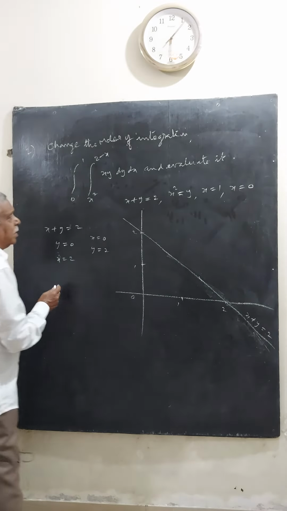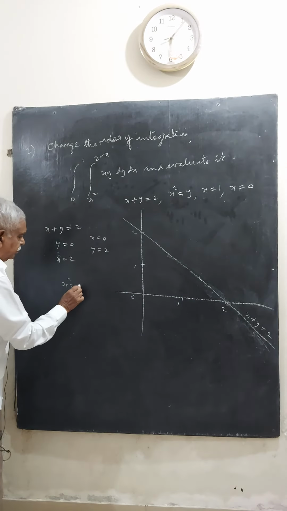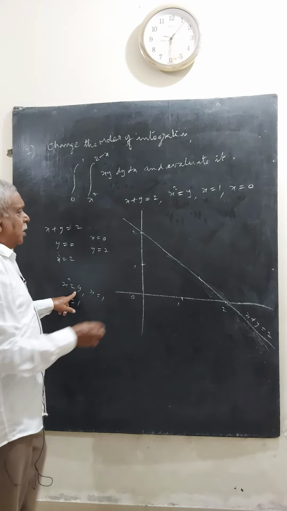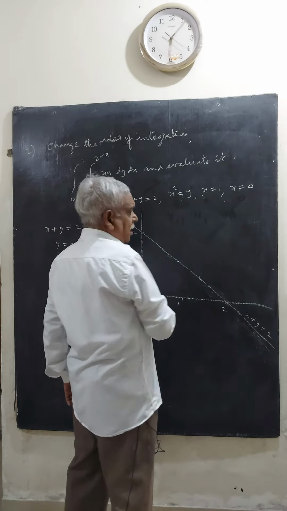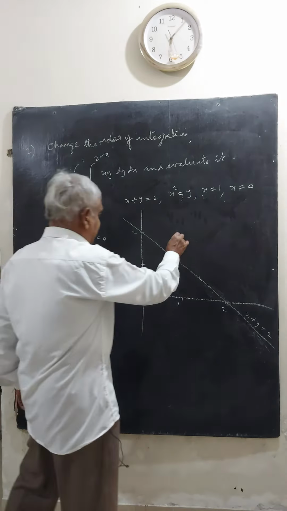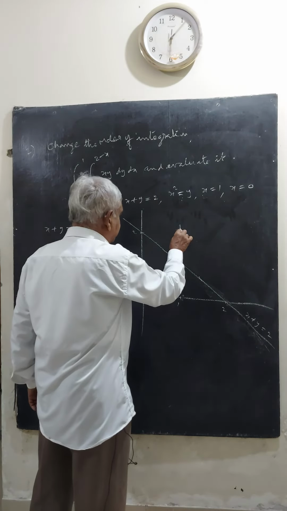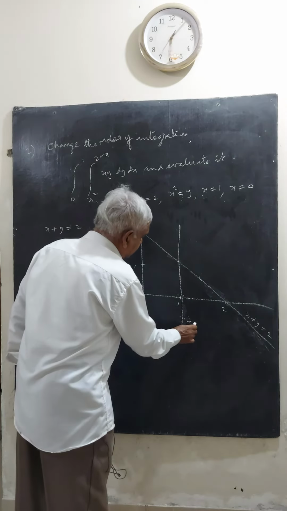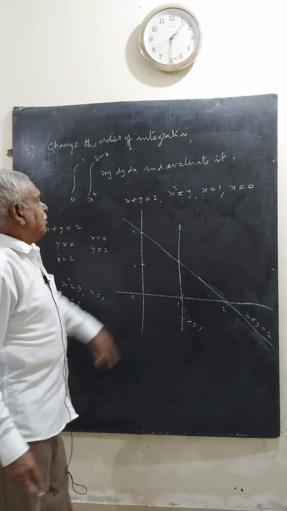Then x equal to 1, y also equal to 1. Therefore, at this place, these two curves cut at the point x equal to 1, y equal to 1. This is the equation of the line x equal to 1. And this is the parabola.